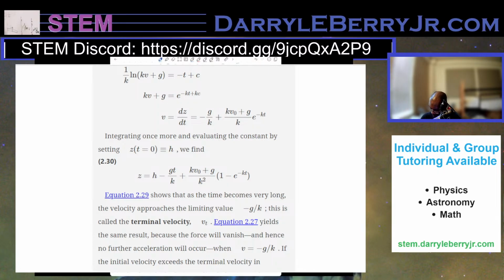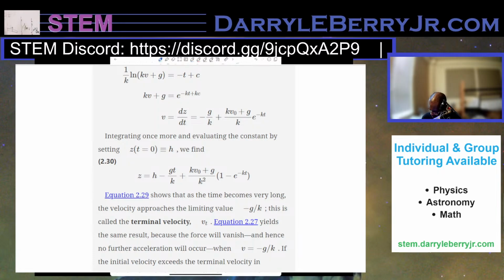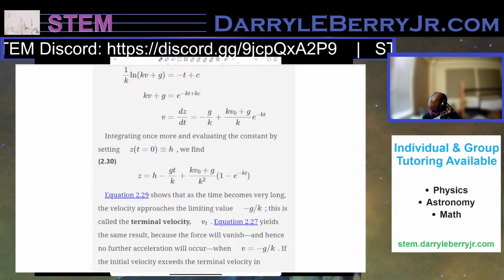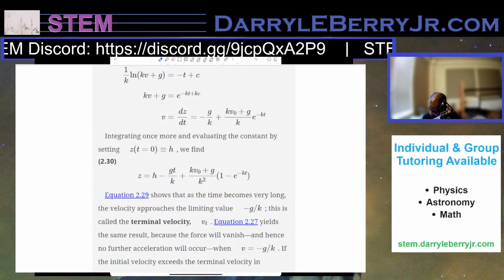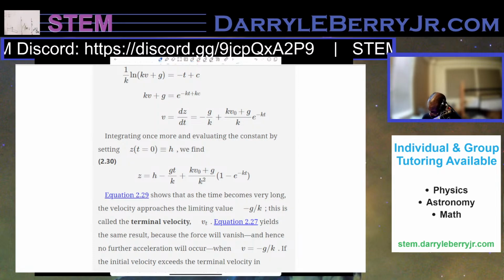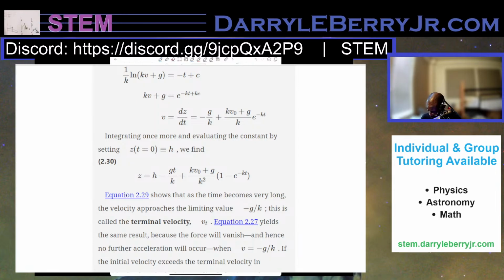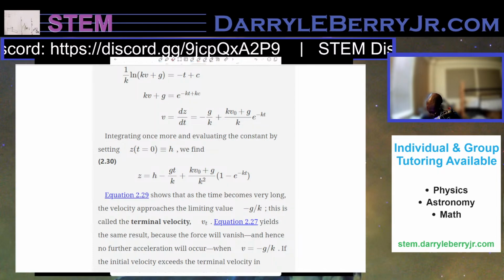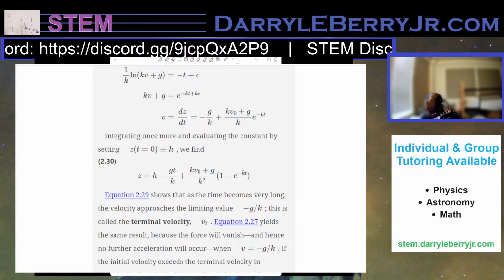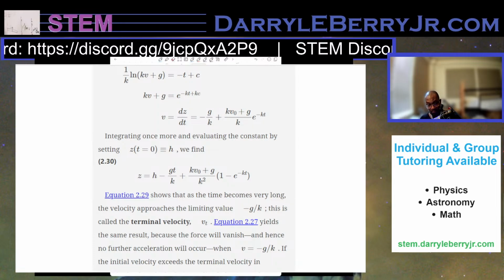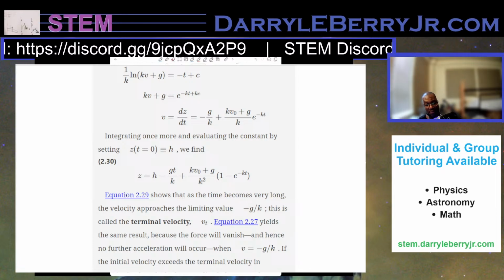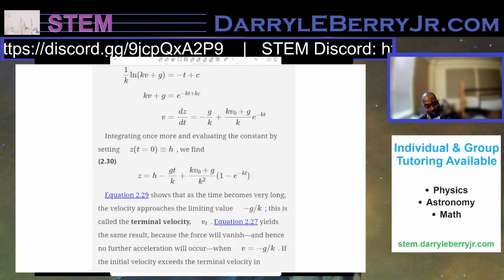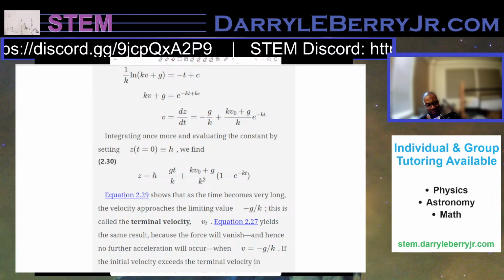And we said x at t equals 0 is h. So at t equals 0, the gt over k term disappears. So gt over k is a position, so k must be 1 over second.